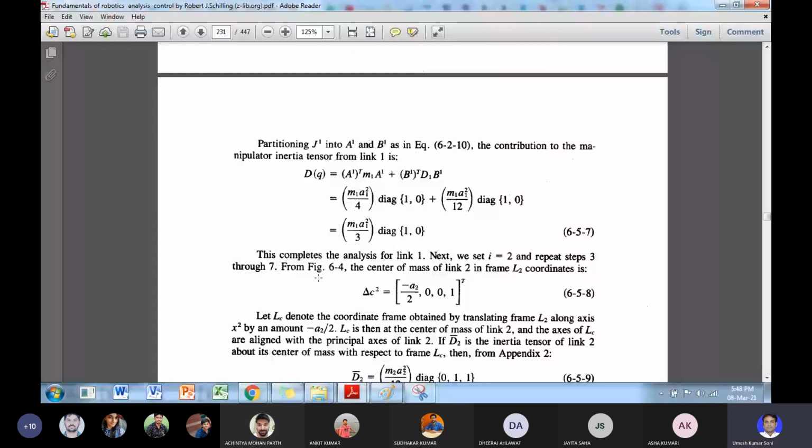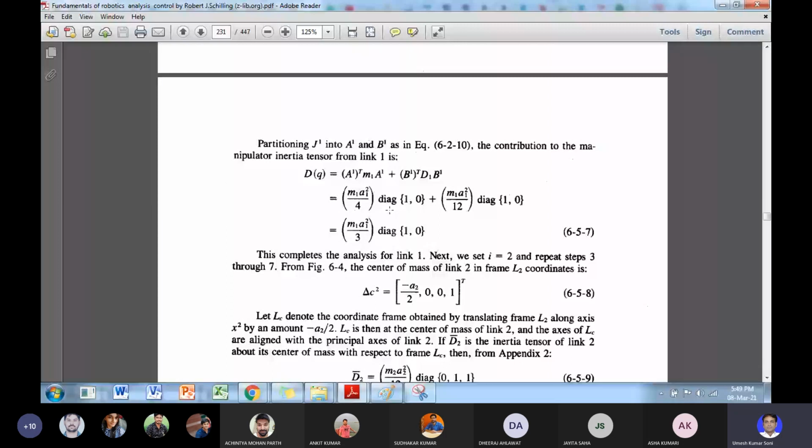Yes, sir. What we have done, we have taken the coordinate LK, k equal to 1, link k equal to 1. Okay, then what happened, we simply take the coordinate of the center of mass, then we determine the center of mass with respect to the base frame using H1 T10 and that equation.